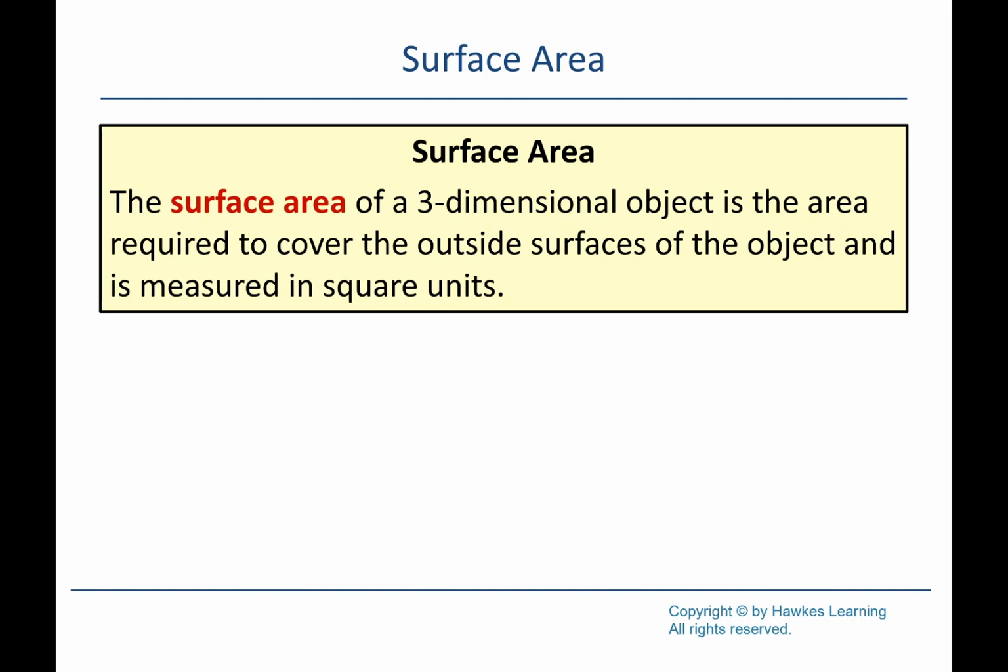That's surface area. So we're not thinking about how much it holds, we're just thinking about if we want to cover it up. Again, this is area. Even though we're dealing with three-dimensional objects, we still have square units. So we have kind of a weird mix of 2D and 3D with surface area.